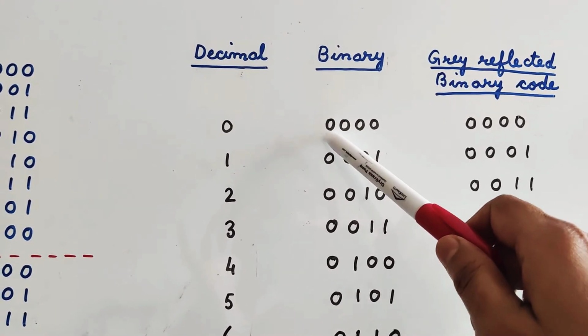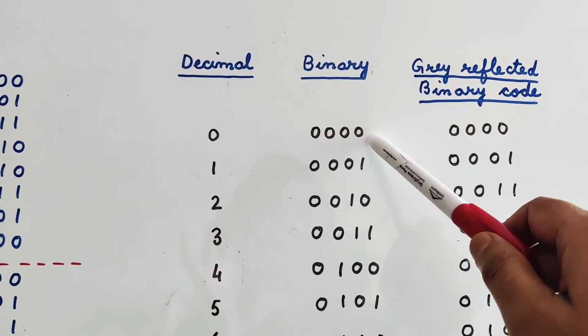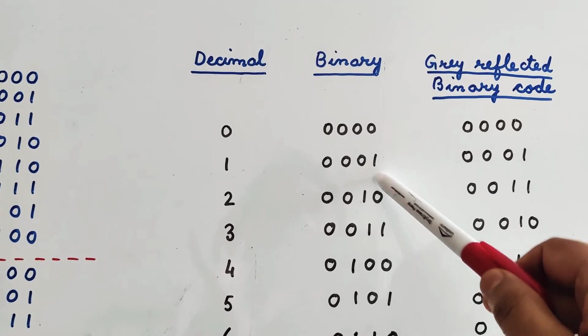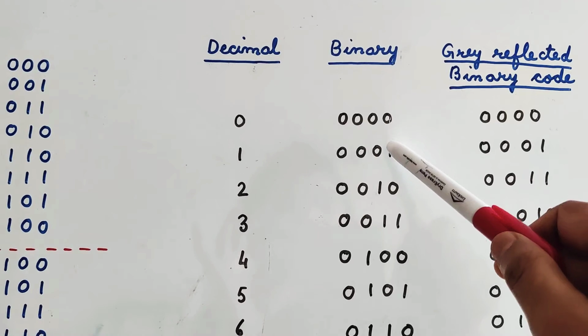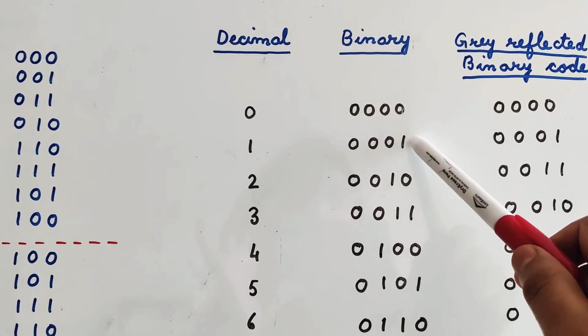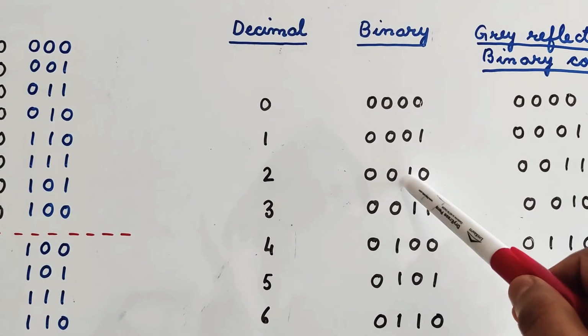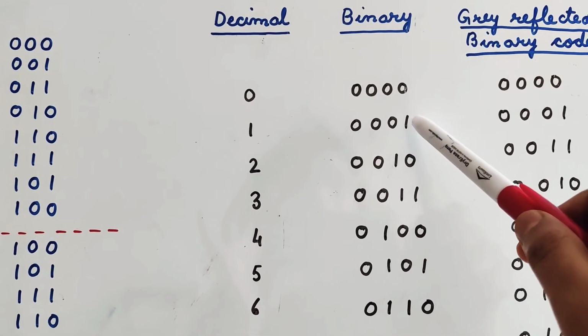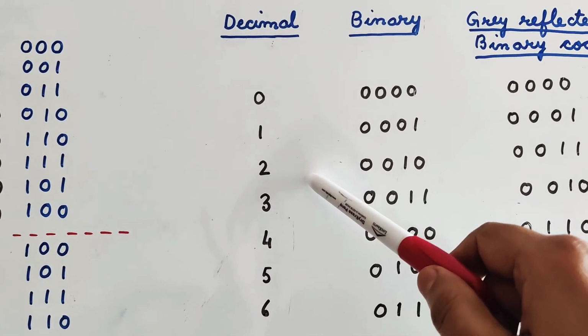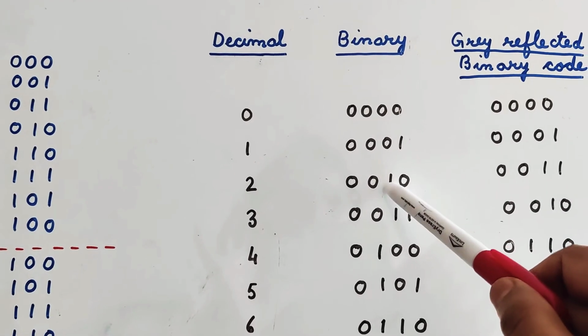Here we find that there is 0001. When we come from 0000 to 0001, we find that there is a change in only 1 bit. But if we move on from this to this, we find that this bit has changed and this bit has also changed. That is, when we move from decimal 1 to decimal 2 in binary number system, we find that 2 bits have changed.